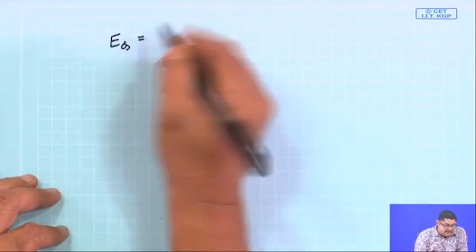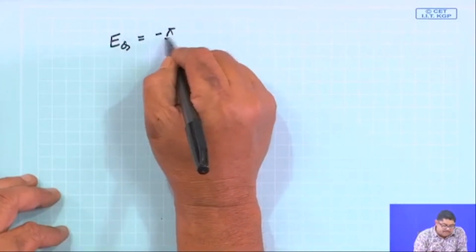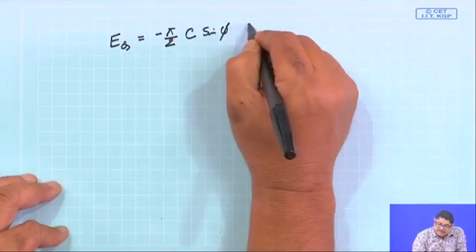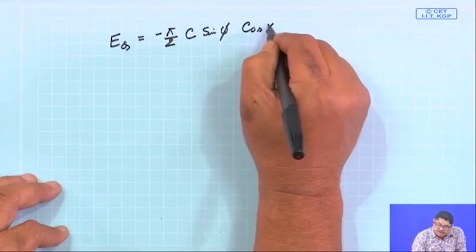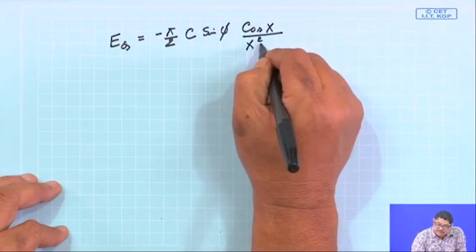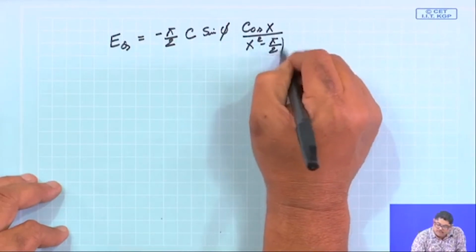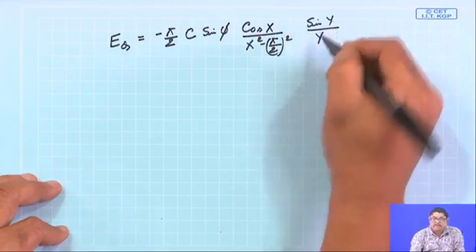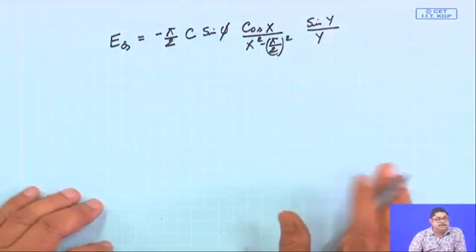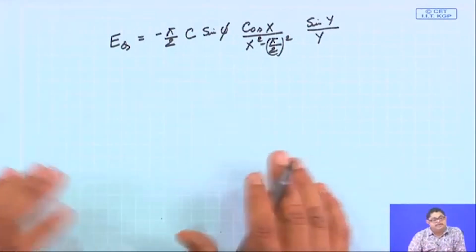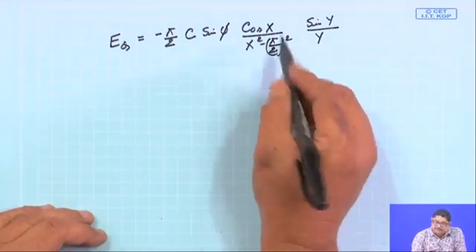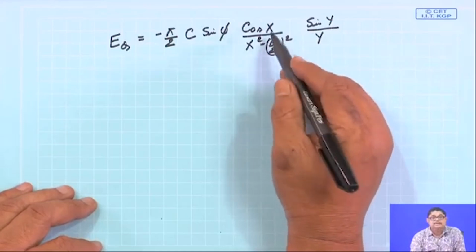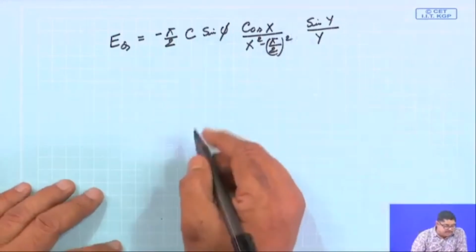E theta can be easily written as minus pi by 2 C sin phi, only change here, cos x by x square minus pi by 2 whole square into sin y by y. These x, y definitions are the same as in the uniform illumination case. So, you see only here, instead of sin x by x, that is the sinc function, this is the new thing due to the illumination.